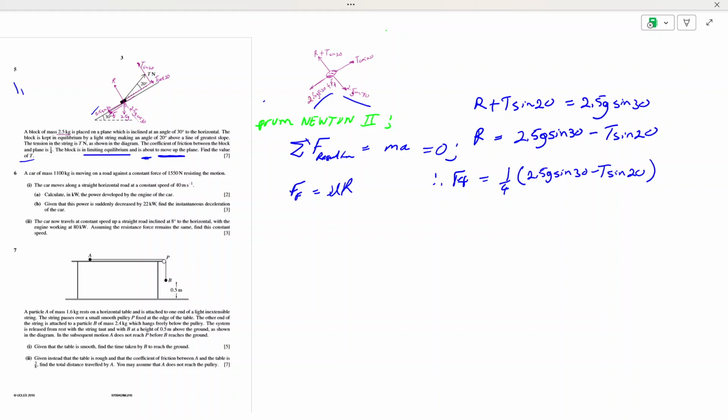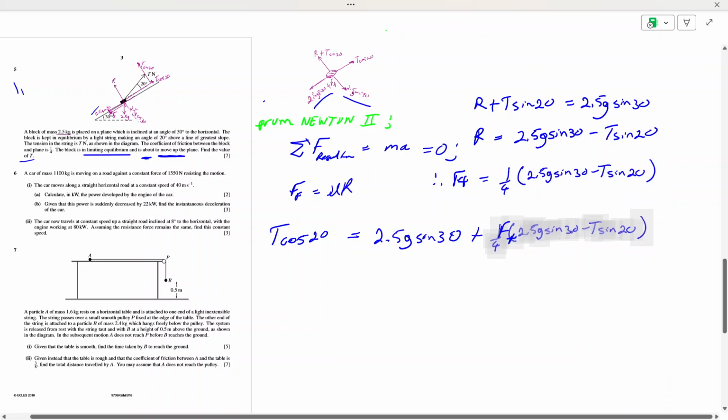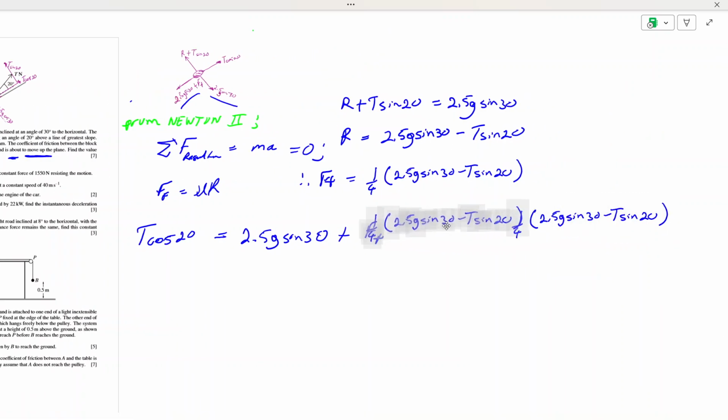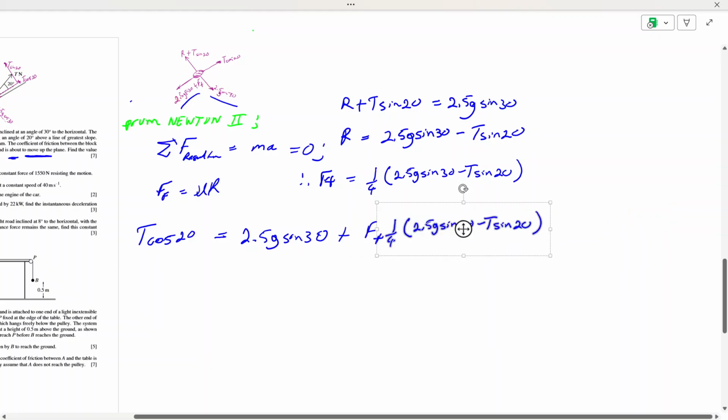So I'm going to say T cos 20 is equal to 2.5 g sine 30 plus the frictional force, which is this whole thing here, like that.